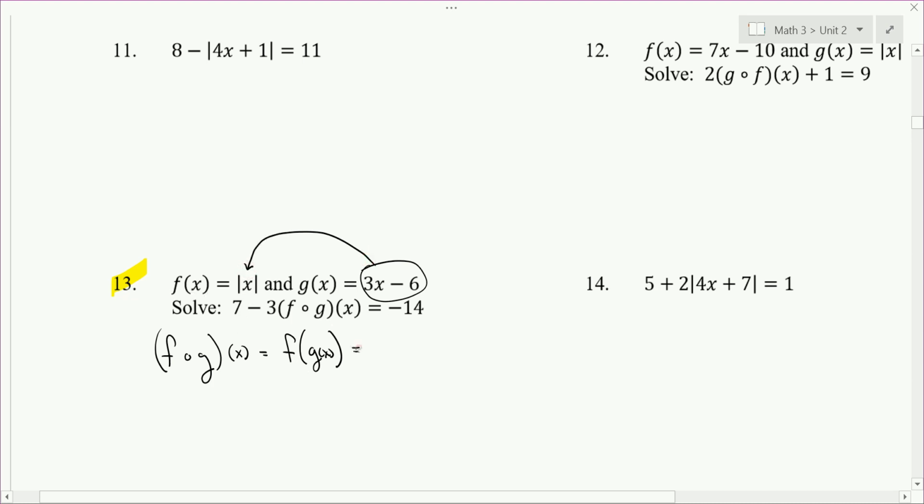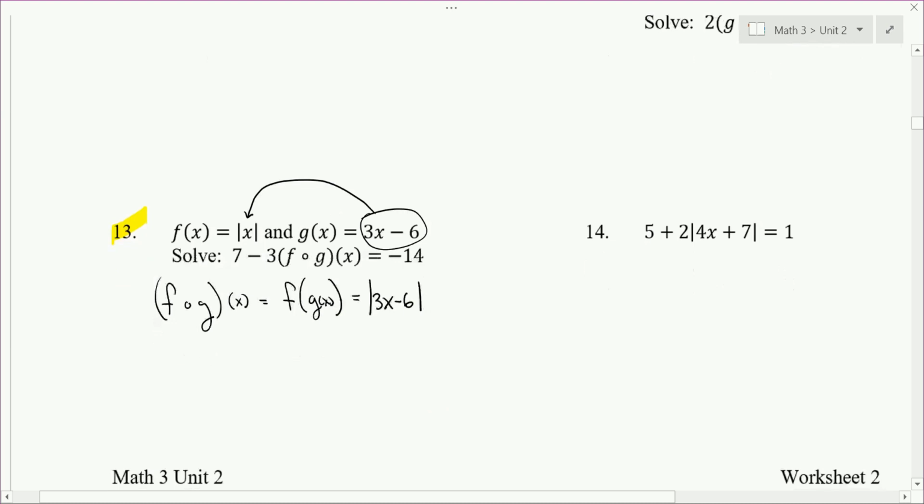And so that would be the absolute value of 3x minus 6. So we're going to use that in this equation. So the equation is 7 minus 3 times that whole thing. Okay, that whole thing, the absolute value of 3x minus 6, is equal to negative 14.